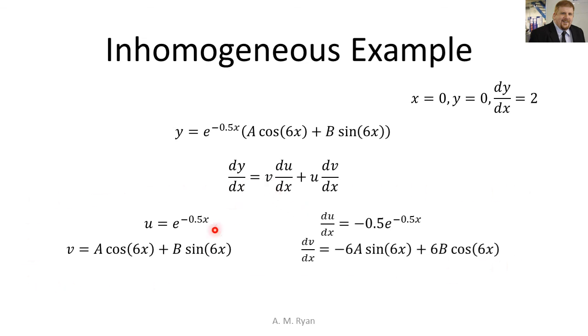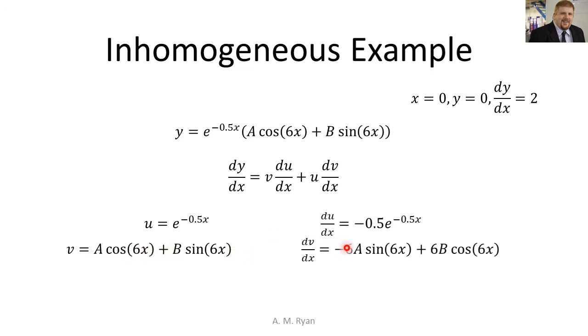because then when I come to my rule I can say, right, v is a cos 6x plus b sin 6x times du dx, which is minus 0.5 e to the minus 0.5x, and I can look at those two functions and say, you know what, I'm not going to write it that way round because that doesn't look nice. So what I'm going to write is minus 0.5 e to the minus 0.5x times a cos 6x plus b sin 6x.